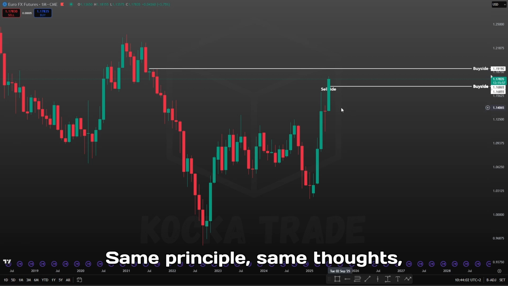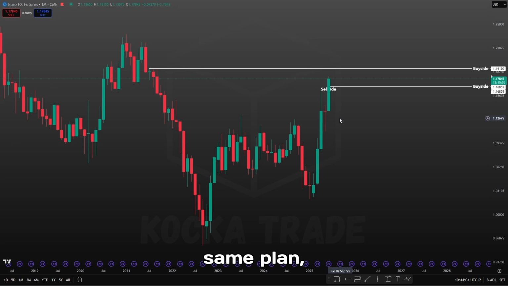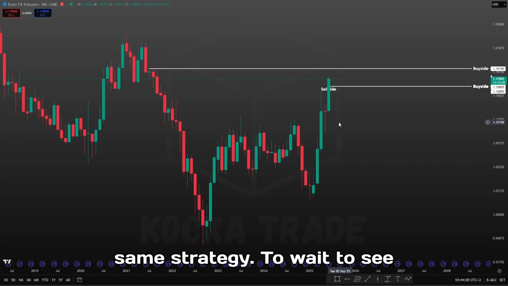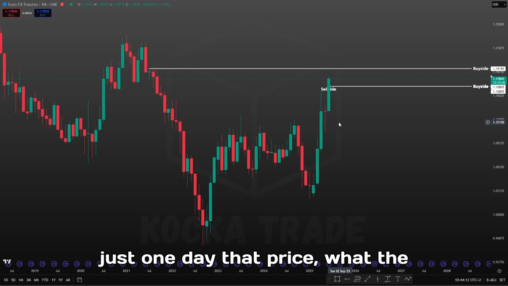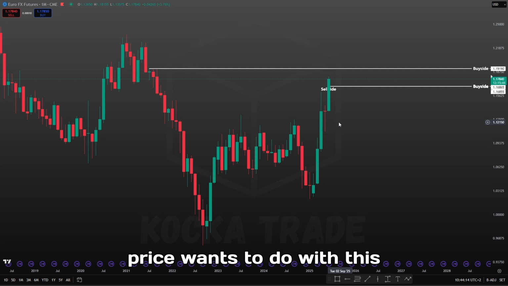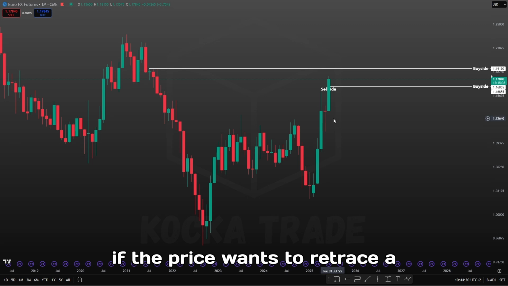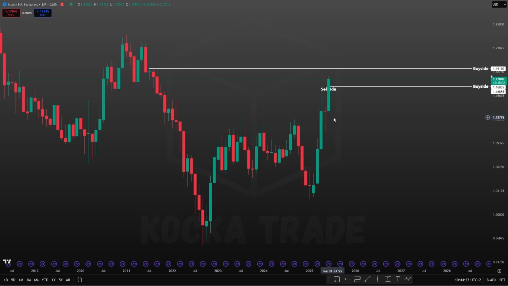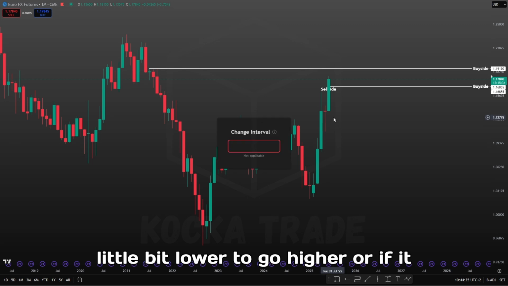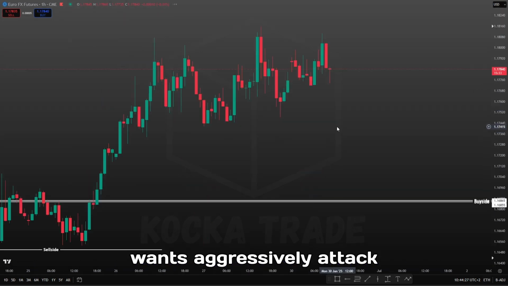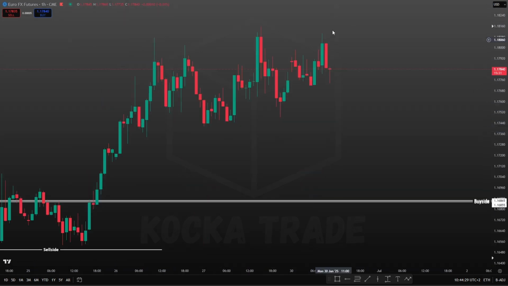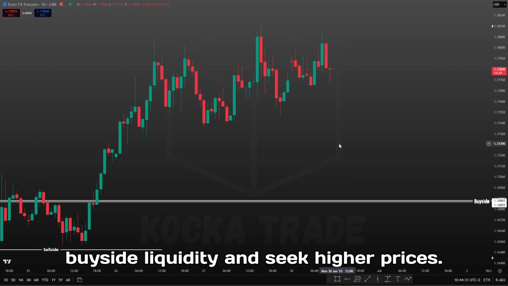Same principles, same thoughts, same plan, same strategy: to wait and see just for one day what the price wants to do with this specific time period. If the price wants to retrace a little bit lower to go higher, or if it wants to aggressively attack buy side liquidity and seek higher prices.